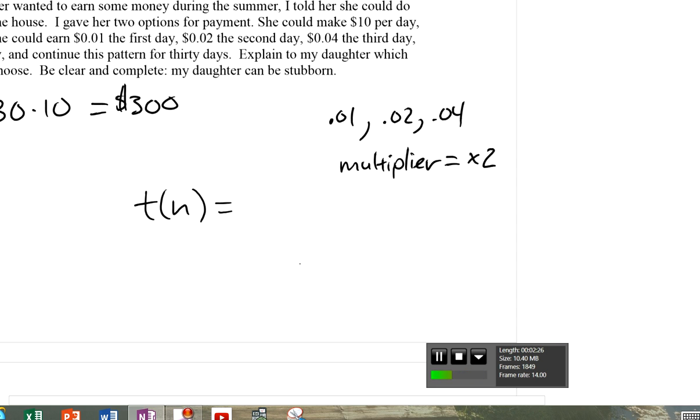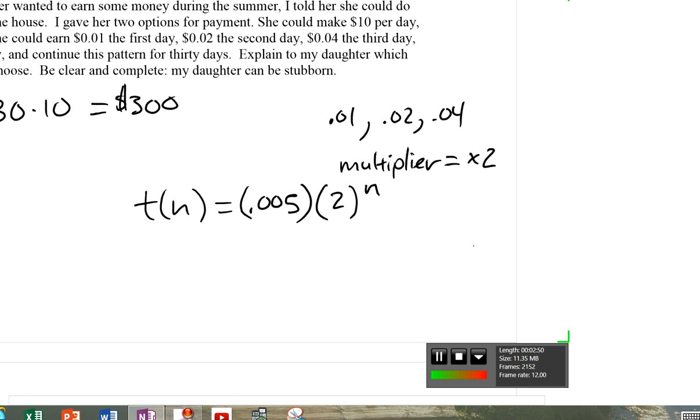And by the way, this is just how much I would pay her on that last day. To figure out how much money I would pay her in total, I'd have to add all these up. But the amount of money I would pay her on the nth day is equal to 0.005, which is half of a penny, times my multiplier of 2 raised to the nth power.